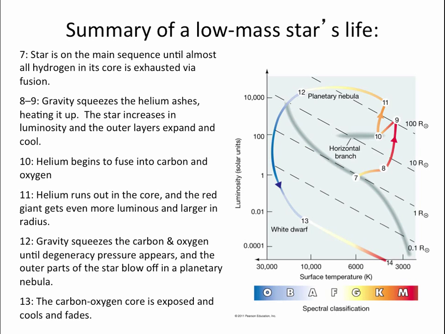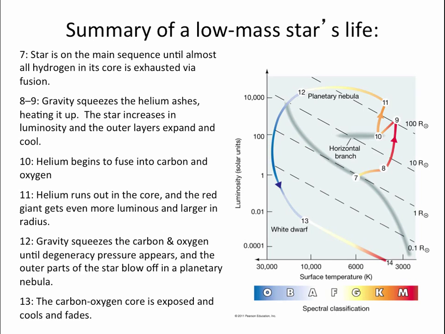But now gravity cannot squeeze the carbon and oxygen enough to begin fusion, at least not in a low mass star. And so the core gets squeezed as tight as it can into a lump of carbon and oxygen about the size of the Earth. The outer parts of the stars begin to drift off into space and make what's called a planetary nebula. Eventually those outer layers drift far enough off that they cool off and disappear, become transparent again.